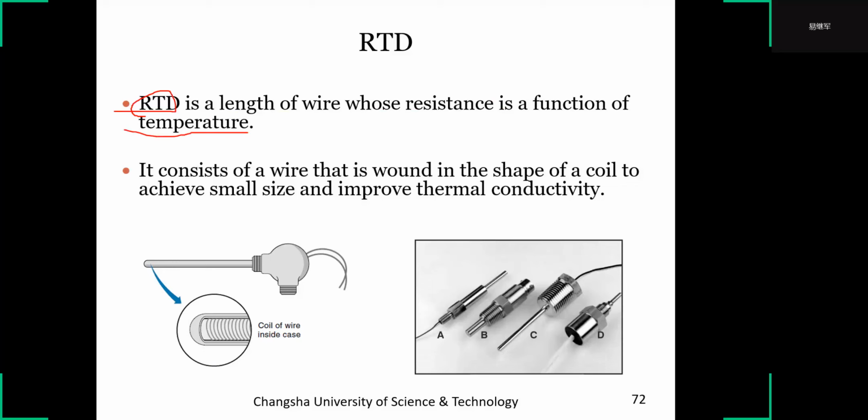It consists of a wire that is wound in the shape of a coil to achieve small size and improve conductivity.